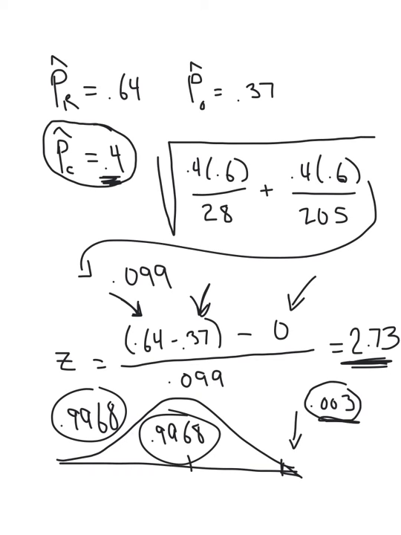Because this is an alpha level of 0.05, and our p-value is so much lower than our alpha level, we are going to reject the null hypothesis in favor of the alternative hypothesis and say, yes, we have sufficient evidence to say that red cars are speeding versus the other cars. Okay, there's that one.